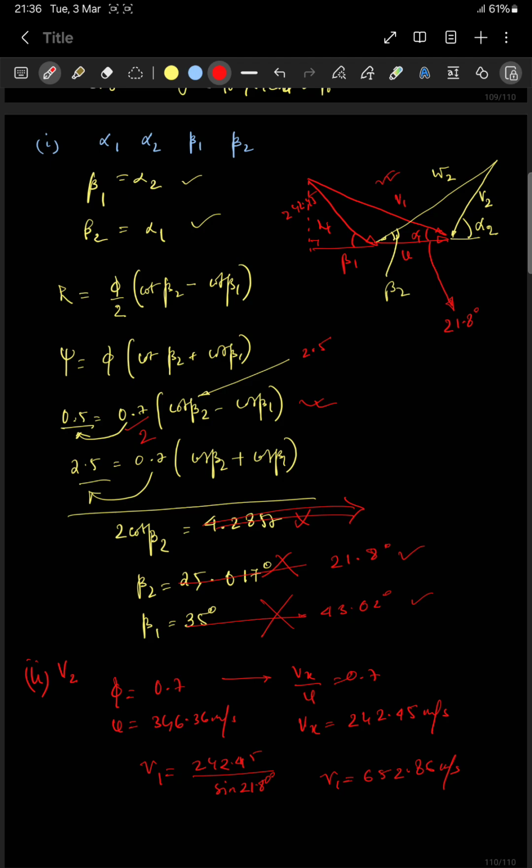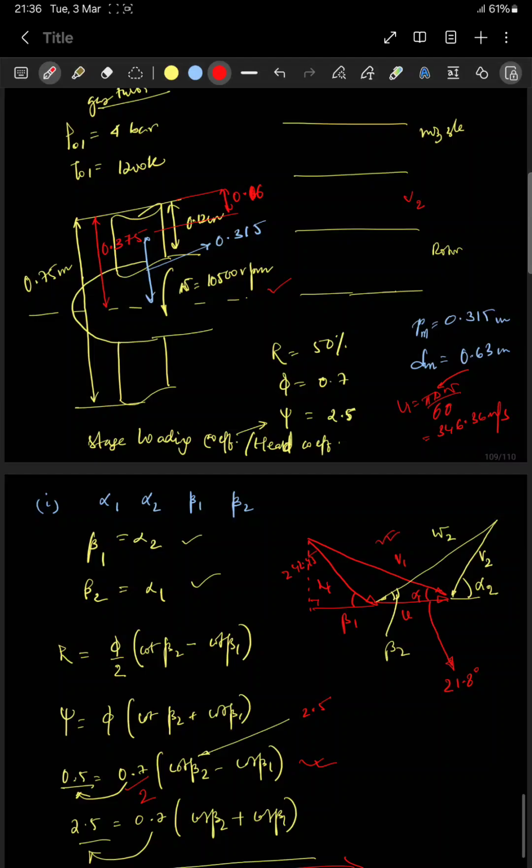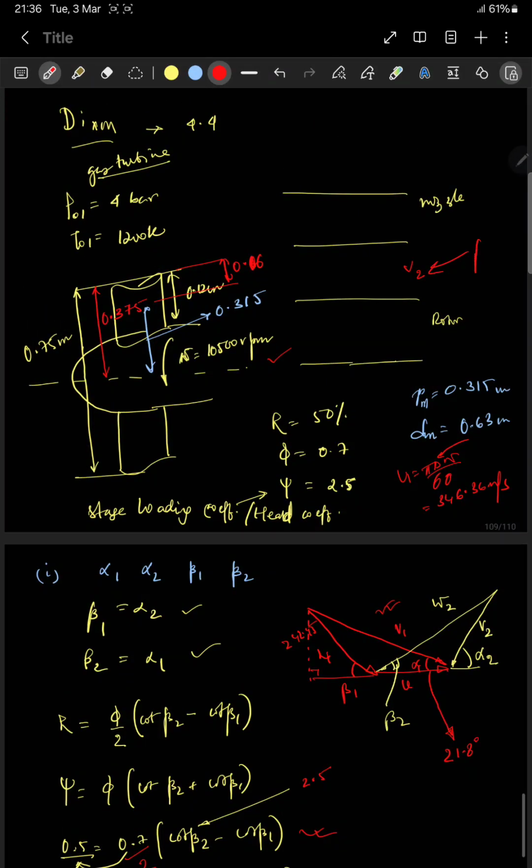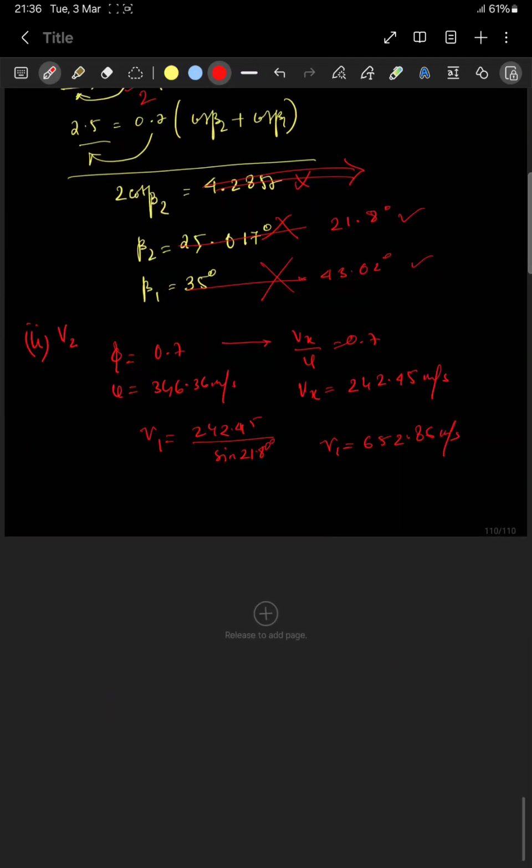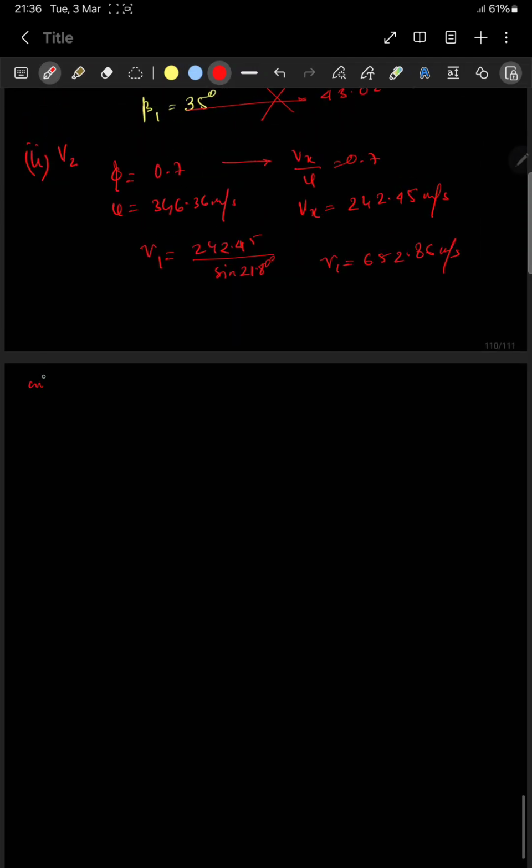Now we have to find out the static temperature and pressure at the nozzle exit, assuming the nozzle efficiency of 0.96. So it is given nozzle efficiency is 0.96, and also we have to find out the mass flow rate.